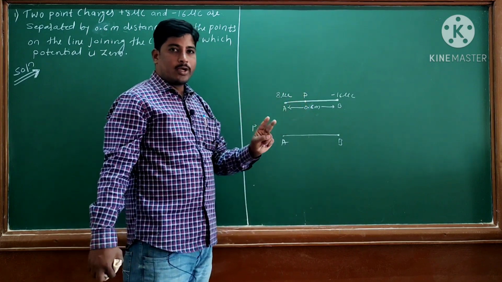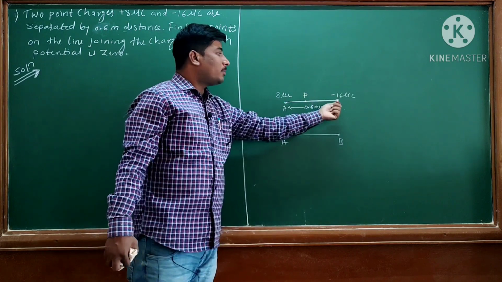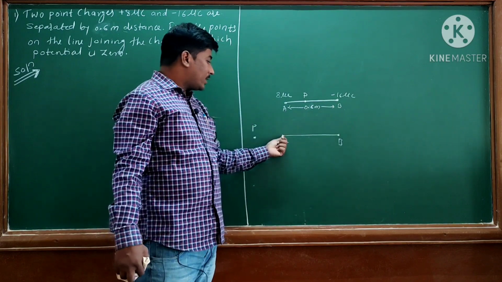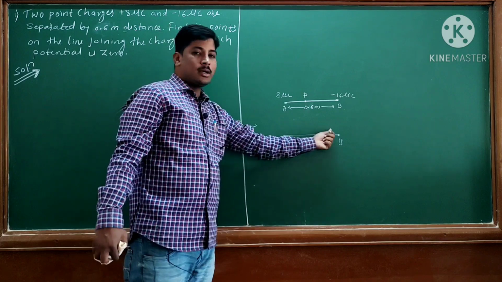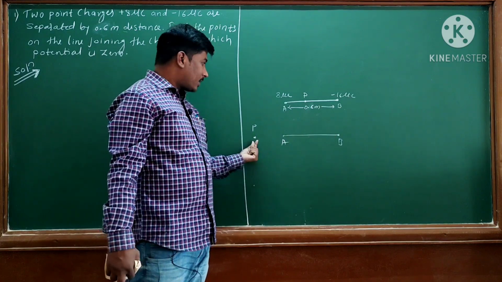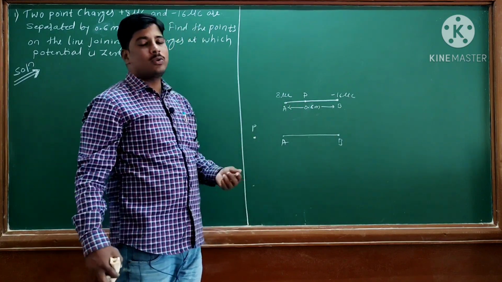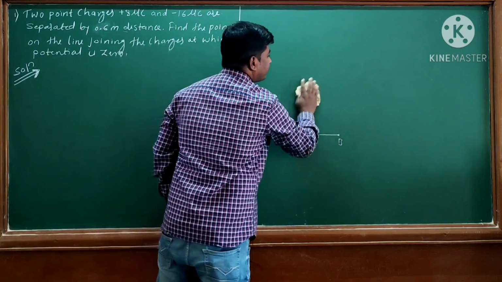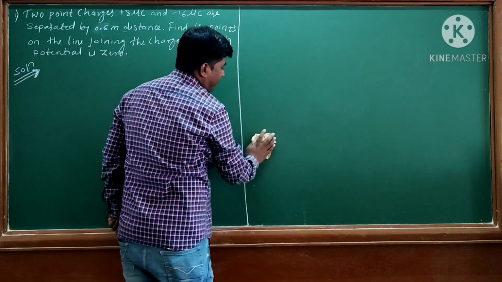So there are 2 points. One point lies between the 2 charges. The other point lies outside the charges. These are the 2 points where we have to find the electric potential. Okay, so let's see.